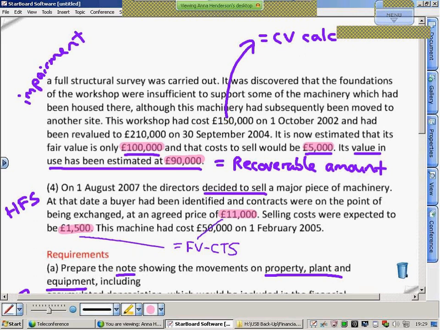So the workshop has been revalued, and therefore we want to think about the revaluation reserve.